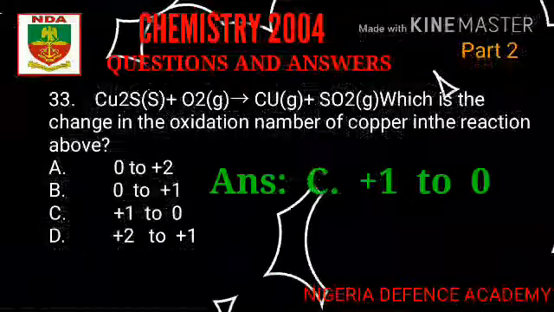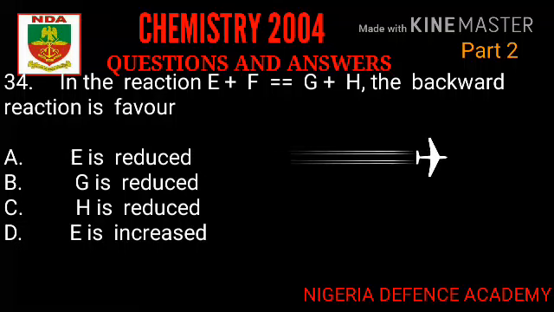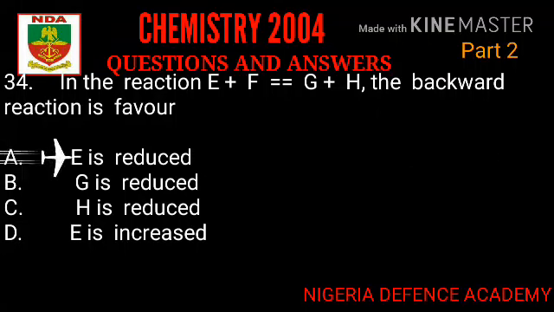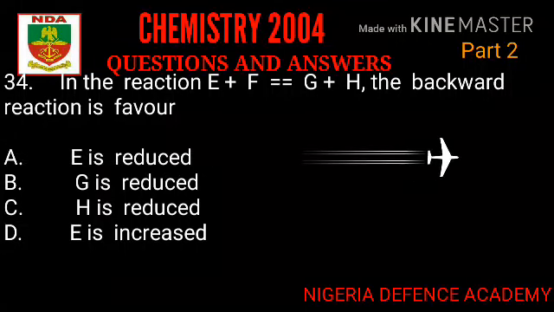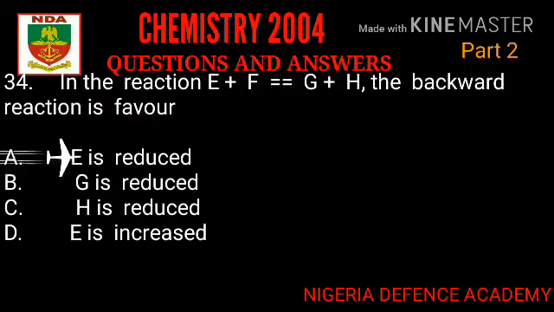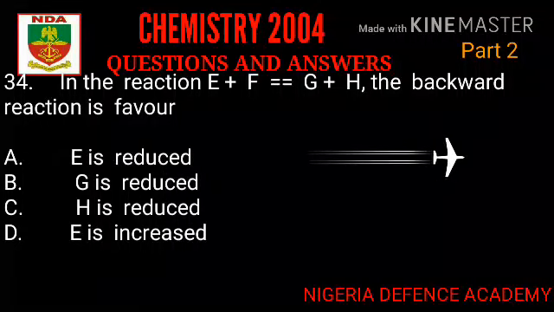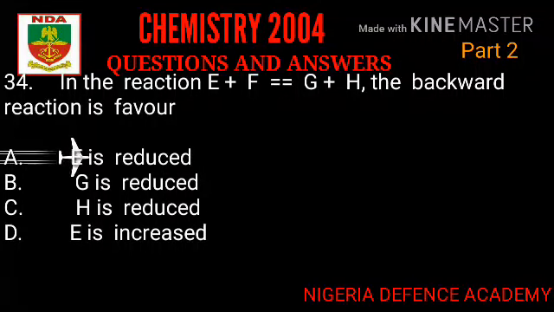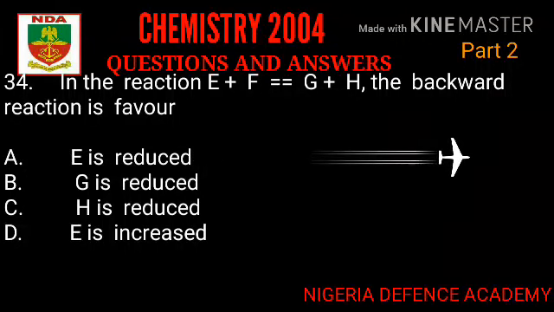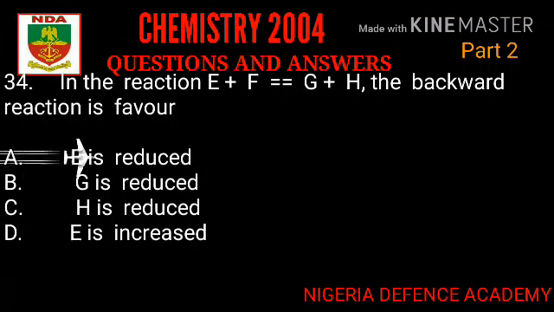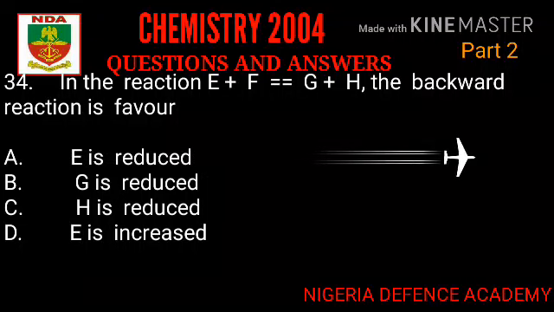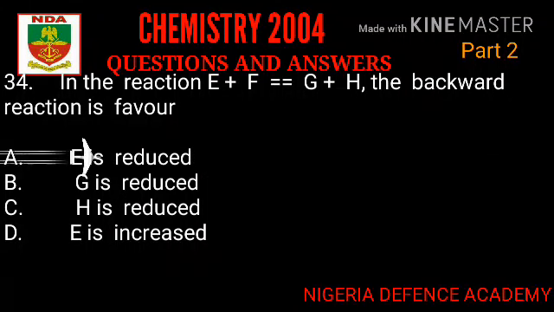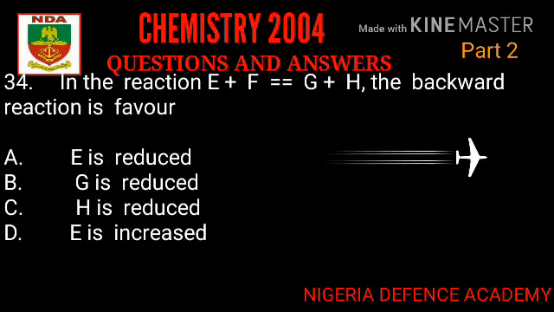Okay, question 34. In the reaction E plus F gives rise to G plus H, the backward reaction is favored if dash. Option A, E is reduced. Option B, G is reduced. Option C, H is reduced. Option D, E is reduced. So which of these options is the right answer?